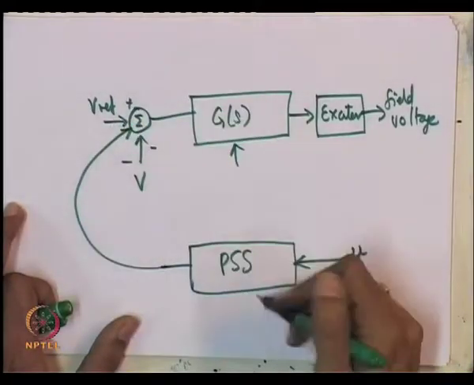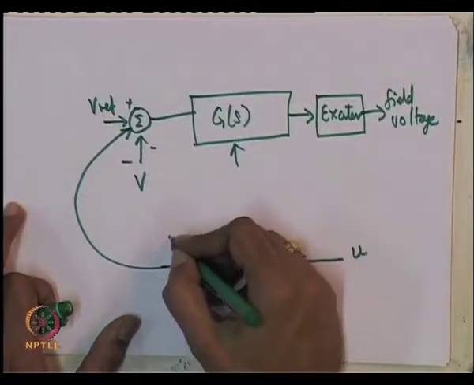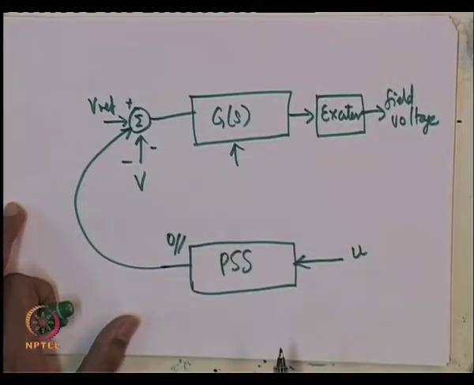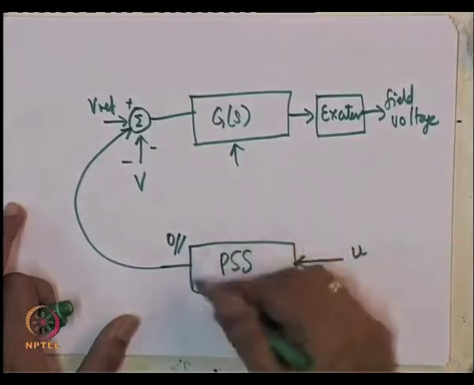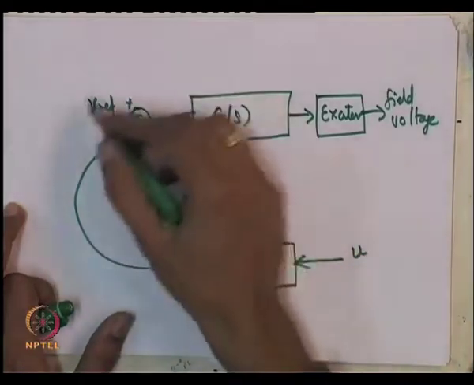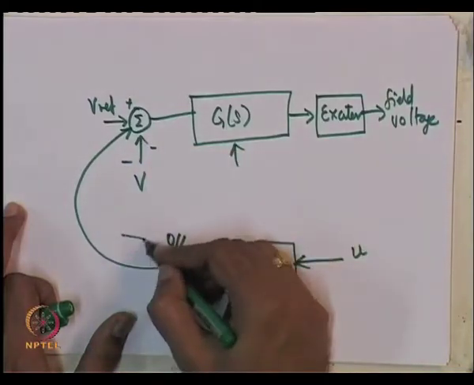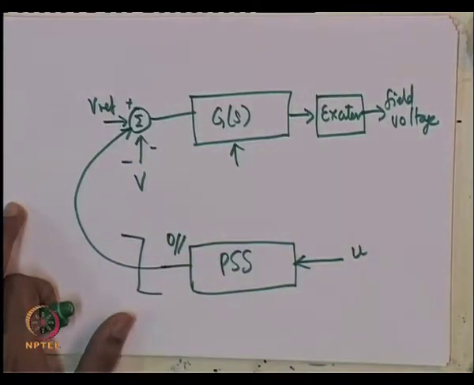Now, the important thing is that the PSS output in steady state should be 0. The second thing is the PSS should not interfere too much with this basic regulation function which is being implemented by an AVR. So, its output should be limited. You do not want it to modulate the Vref to an extent that this regulation function is compromised.